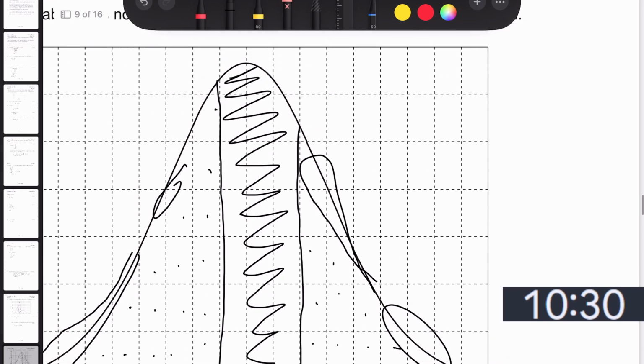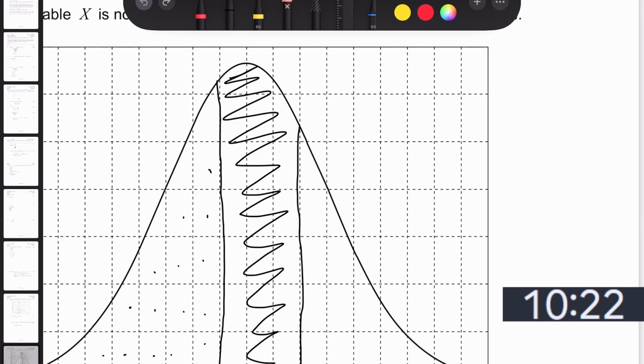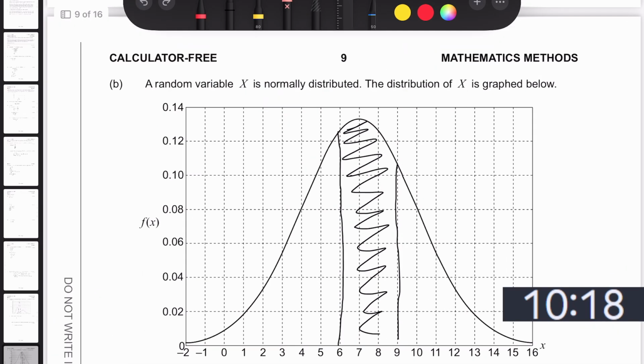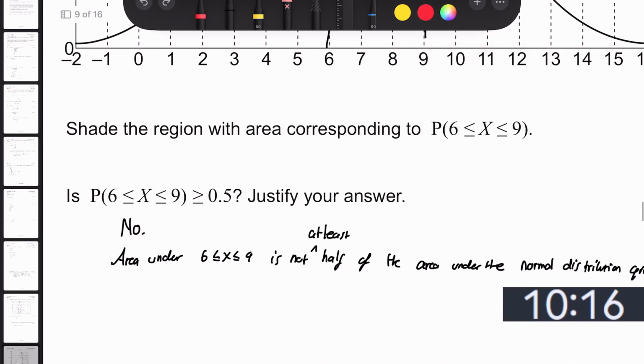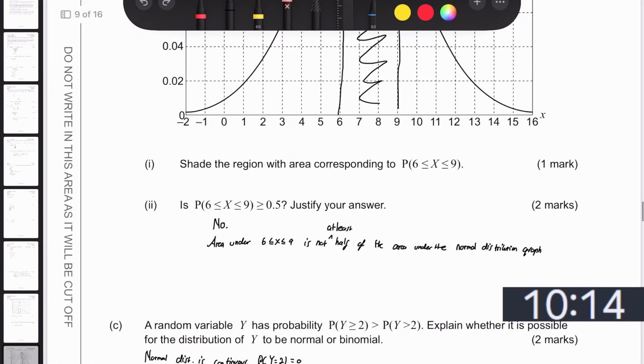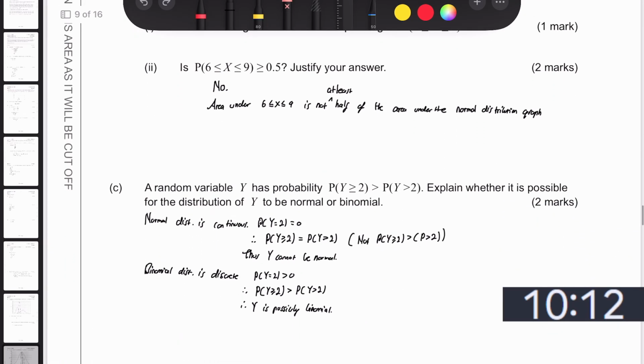And then this is 3 times 6, 18. Yeah, hopefully not. Okay. So the area under that is not at least half of the area under the normal distribution.